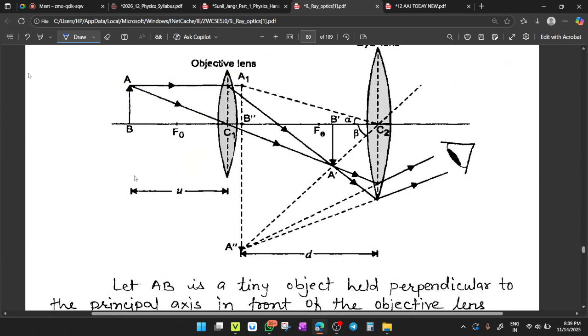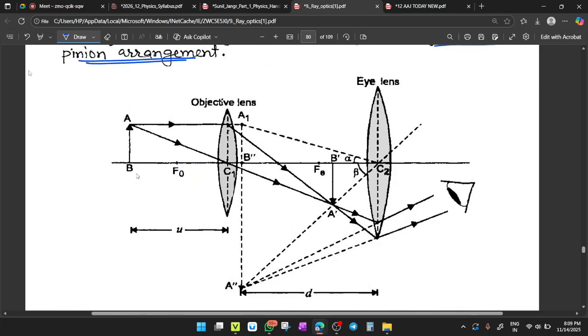Now make a ray diagram, a very clear ray diagram. How to make this ray diagram? First, you have your object AB. This is your object. It is beyond the focus. Obviously, it has to be beyond the focus, or otherwise it will make a virtual image.